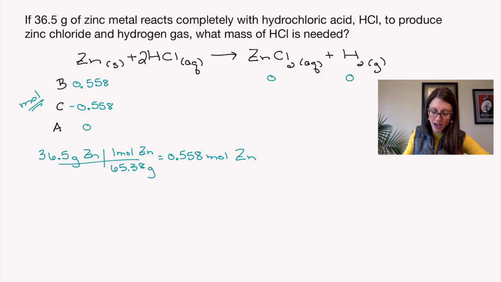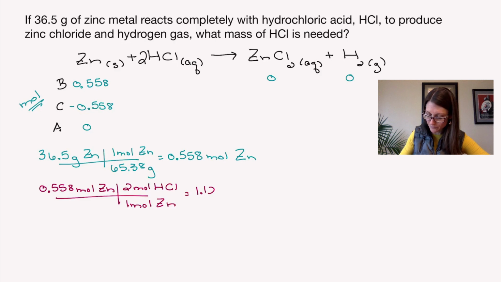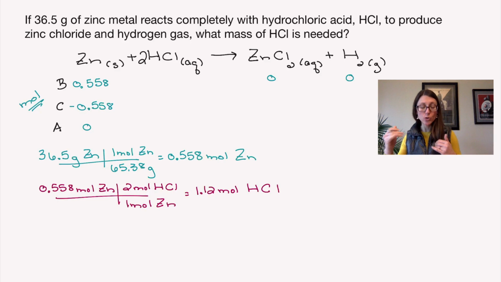And then I am being asked about how much HCl that took, how much hydrochloric acid. So the second thing I'm going to do is use the mole ratio to convert from moles of zinc to moles of HCl. And when I find this mole ratio, it is a 2-to-1 mole ratio, looking up at the coefficients in my balanced chemical equation.